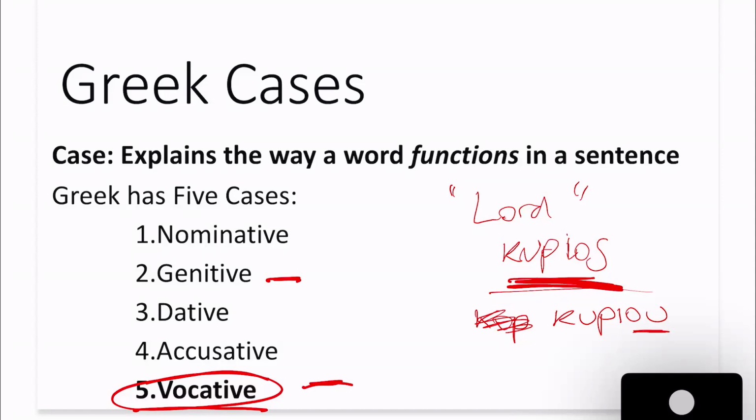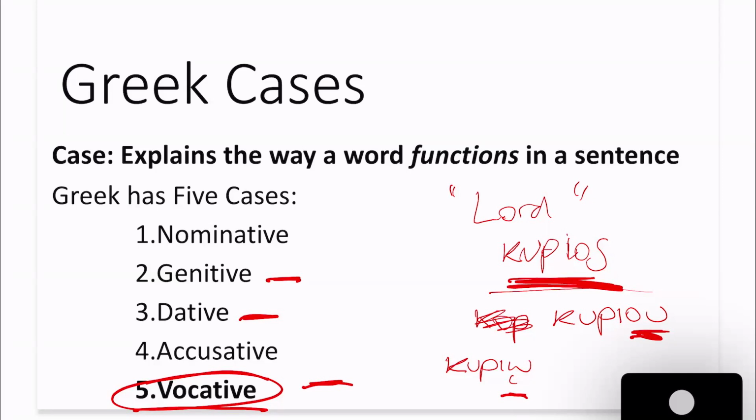Now all of a sudden, because of this ending, I know that we're in the genitive case. Then another option would be that the word changes to kurio with an omega on the end and an iota subscript. And then I know, because of this ending, that I'm in the dative case, which means it's an indirect object. The Lord has now become the indirect object. I gave the hat to the Lord, indirect object.